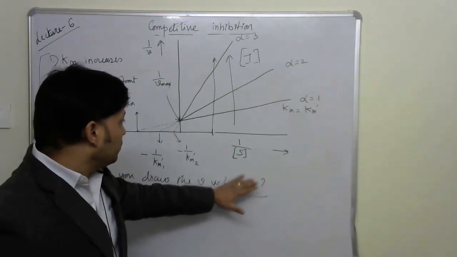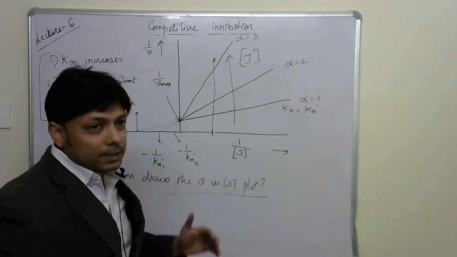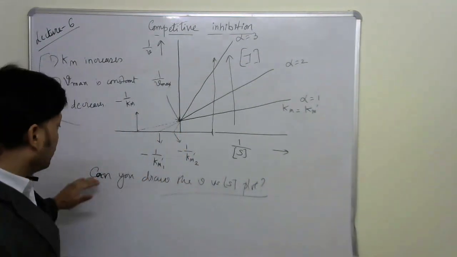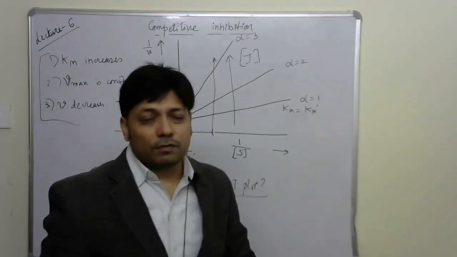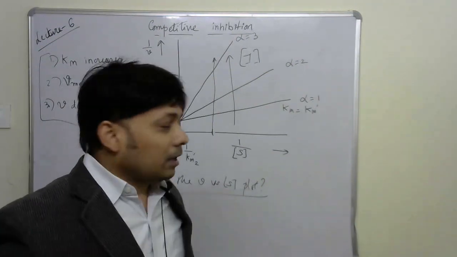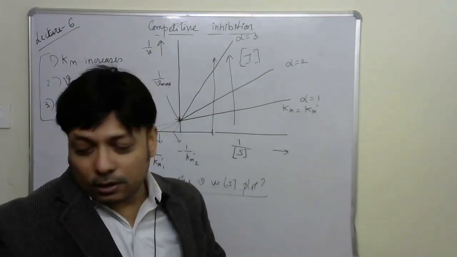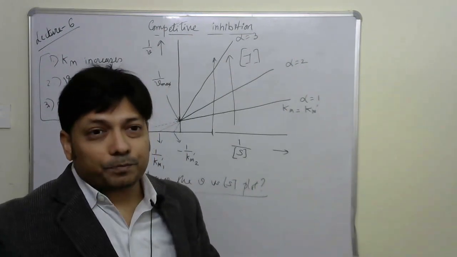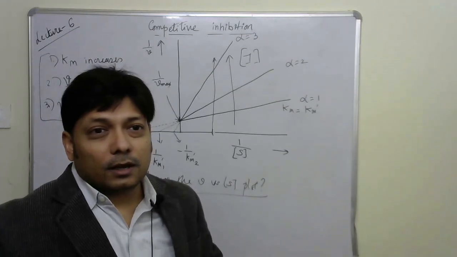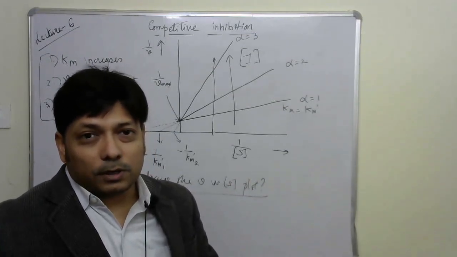This understanding of how Km, Vmax and V, these three important parameters, are changing would help you to draw the correct V versus S plot with different I values. Once you are able to draw this plot successfully, then for sure you will have learned the whole competitive inhibition process completely.